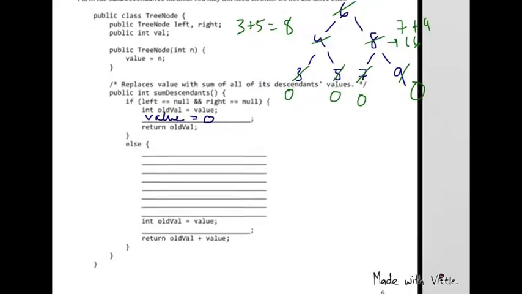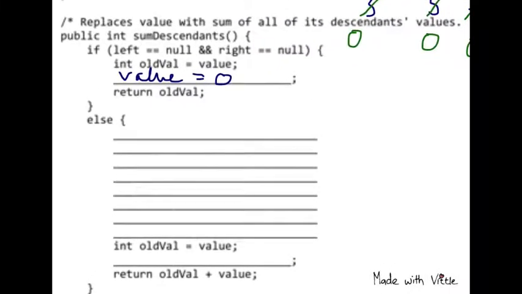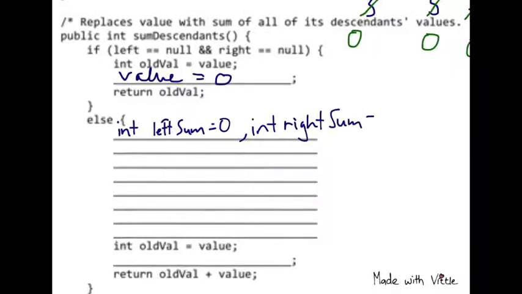So now we're going to start looking at the else case, now that we talked about it at a higher level. So I'm going to initialize two variables, left sum and right sum. And that's going to represent traversing down the left-hand side of a tree and the right-hand side of a tree. Not traversing, well, recursing. So once we initialize those variables, typically we're going to look at this and say, okay, when the left-hand side is null, we're going to do something, right?